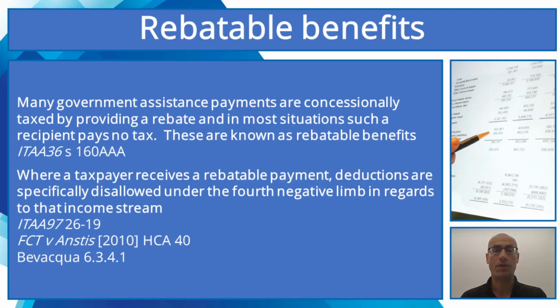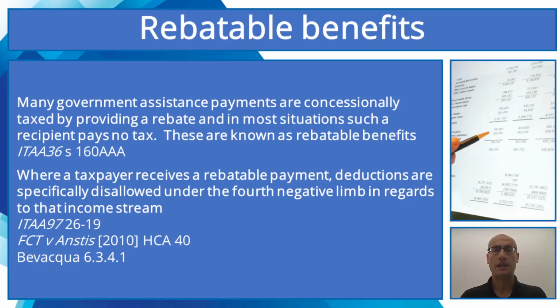Now, under the fourth negative limb in the general deduction provisions, if you are a recipient of a rebatable benefit, amounts that you incur in regards to deriving that cannot be deducted. It's specifically disallowed. An example of this came up a few years ago now in the Anstis case, where a student was the recipient of certain government payments in regards to education.